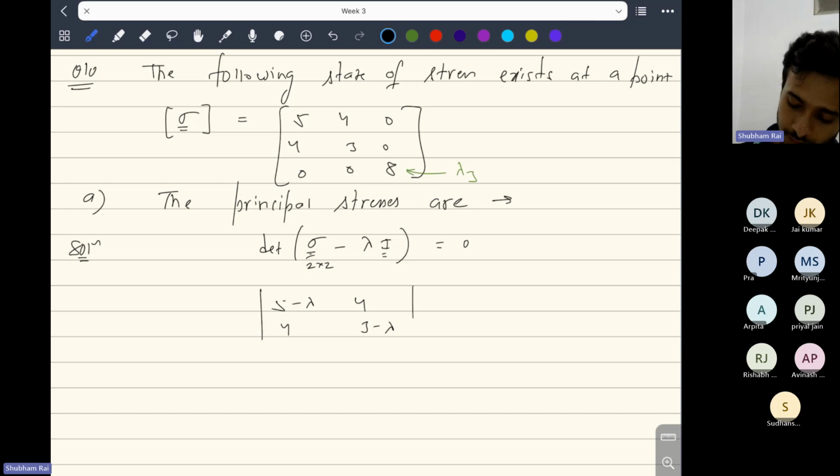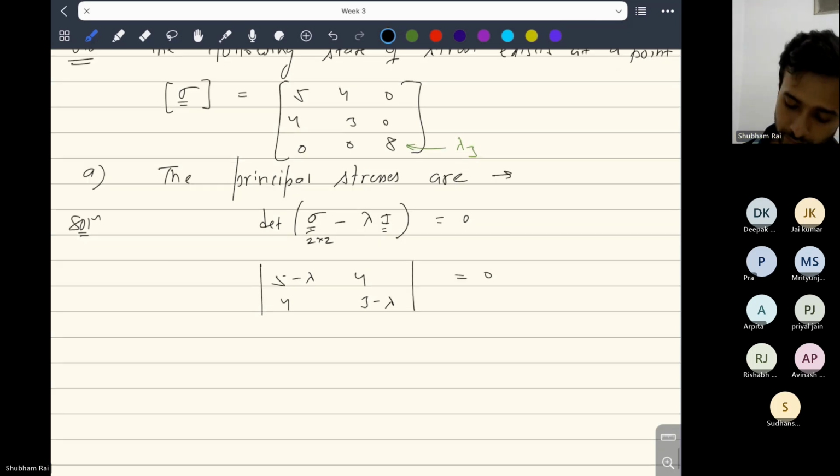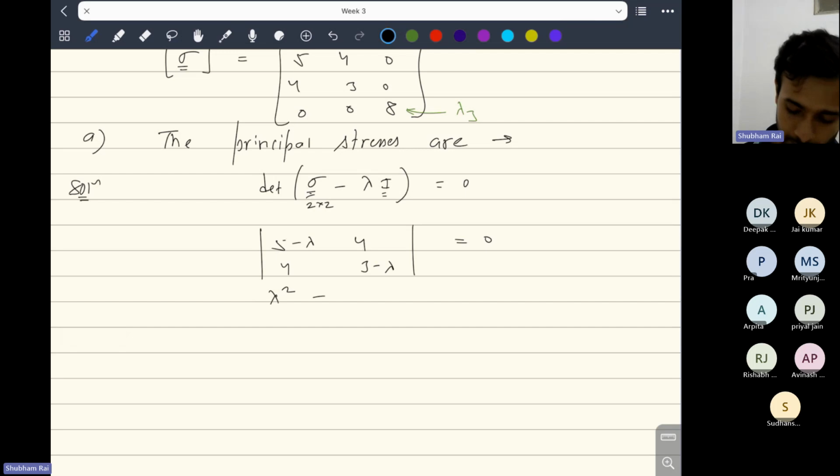If you take the determinant of this to 0, you'll get lambda square minus 8 lambda plus 15 minus 16. Because if you multiply these two, you'll get lambda square minus 8 lambda plus 15 and then minus 16. So you finally get lambda square minus 8 lambda minus 1 equal to 0.